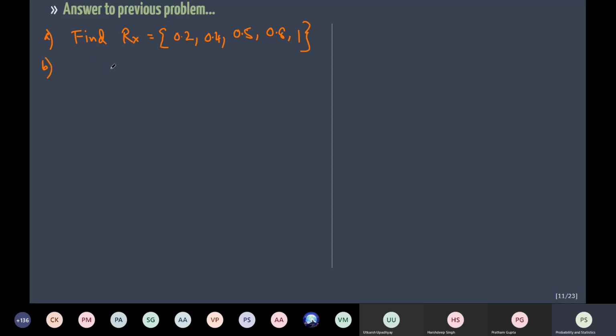And the second question was to find the probability that x is less than or equal to 0.5.